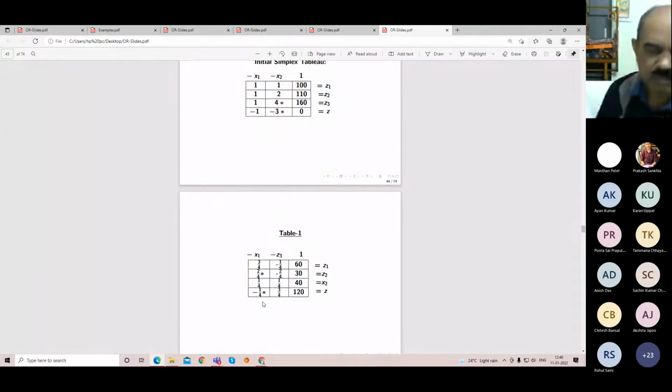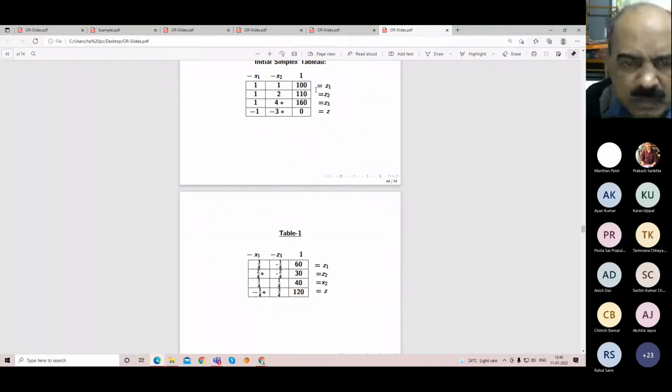This is completed. Now we would like to compute the elements in the last column. In the positions 100, 110, and then 0. See here, 4 into 100 is 400, minus 160, which is 240, and 240 divided by 4 is becoming 60.